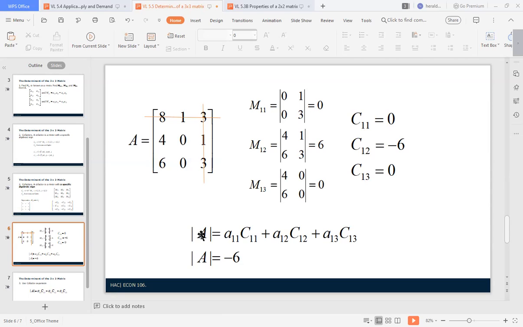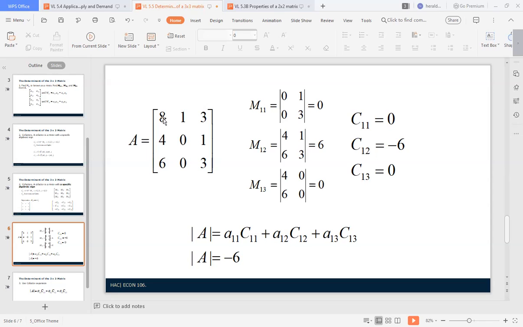Now, how will you get the determinant? The determinant is the sum of the coefficients times the cofactors. If you're expanding in the first row, use the coefficients in the first row. So A11 is the coefficient, that is 8 times 0.